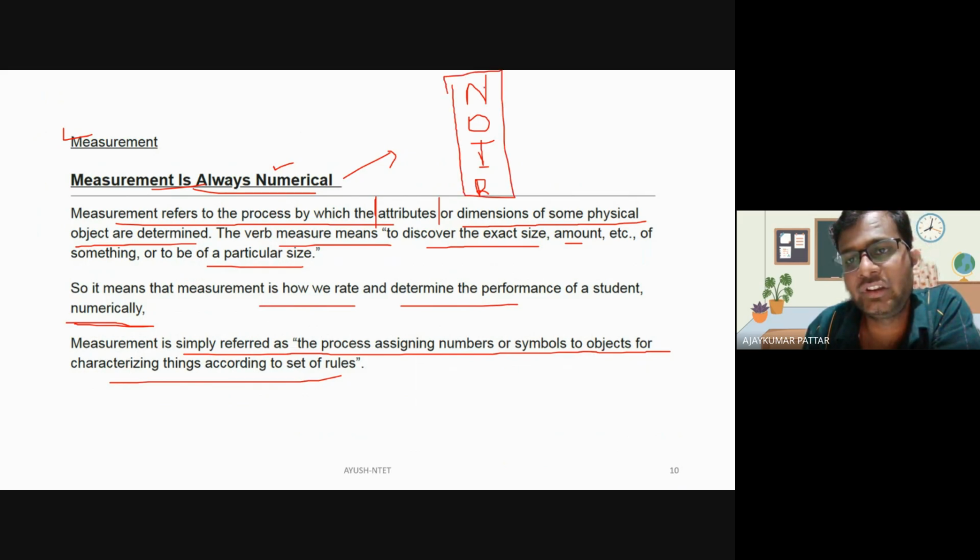So in the nominal scale, what will we do? In scales of measurement, what do we do in the nominal scale? Simply we give the name, whether Ajay, whether Satish. So like that we give the nominal scale.